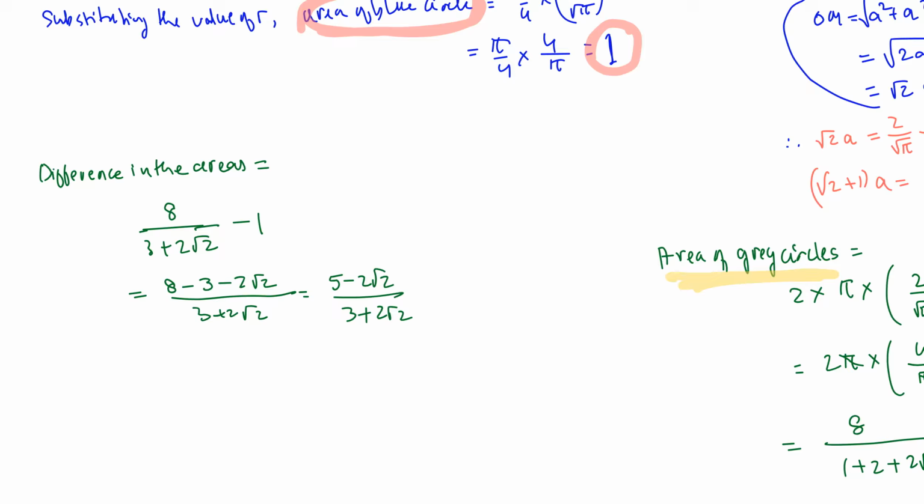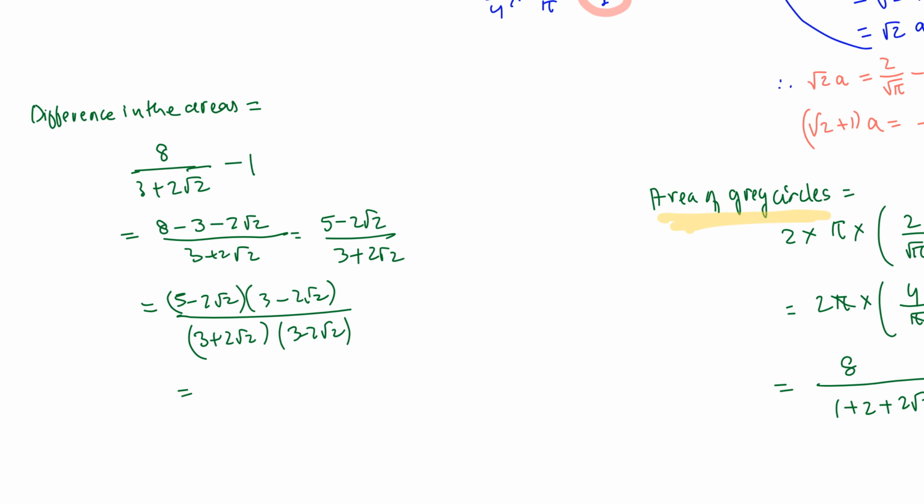Then I need to rationalize the denominator. So 5 minus 2 root 2 multiplied by 3 minus 2 root 2, over 3 plus 2 root 2 multiplied by 3 minus 2 root 2.